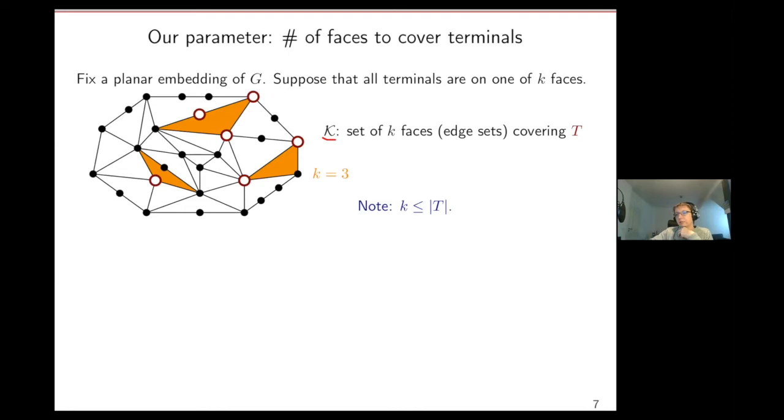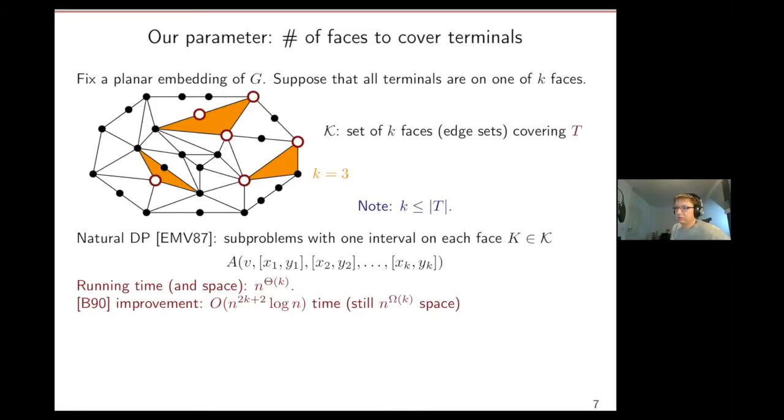Now this is a more strict parameter than the number of terminals, because clearly I can always cover |T| terminals with |T| faces. So we should expect the problem to become harder compared to the parameterization with the number of terminals. But you can extend the previous algorithm very naturally, from one face to k faces.